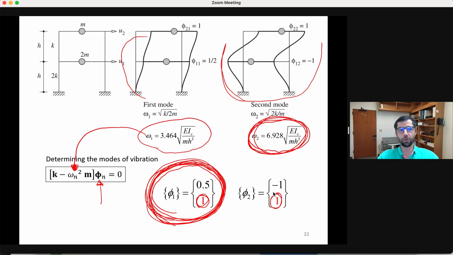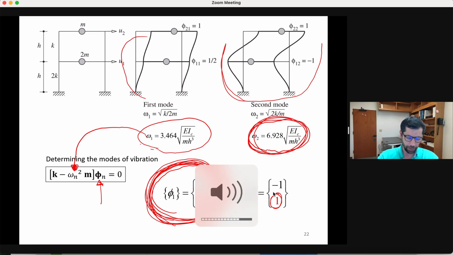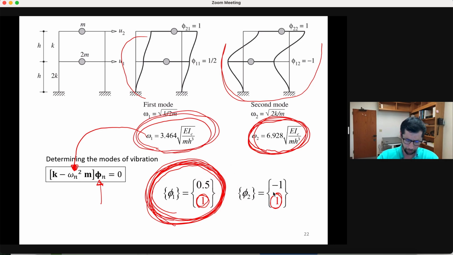The masses are going to hit the maximum displacement at the same time and the minimum displacement at the same time. Also, I can define the frequency of vibration. The frequency of vibration can be obtained for the first mode and for the second mode, following the procedure that we've seen. Guys, before I move forward, let me ask you, is this clear?